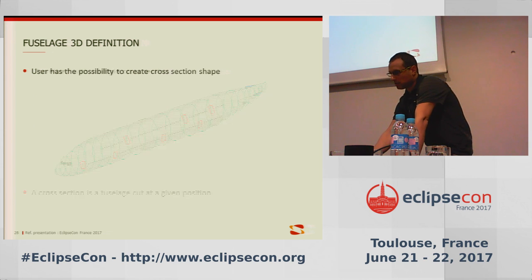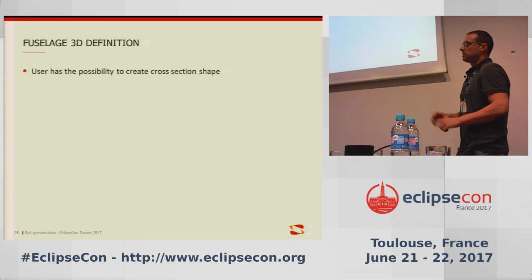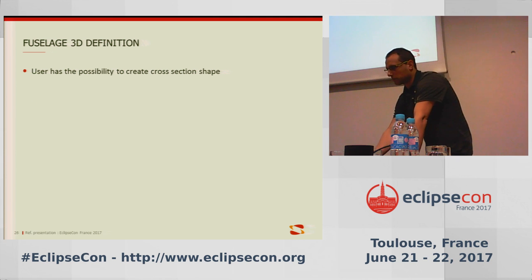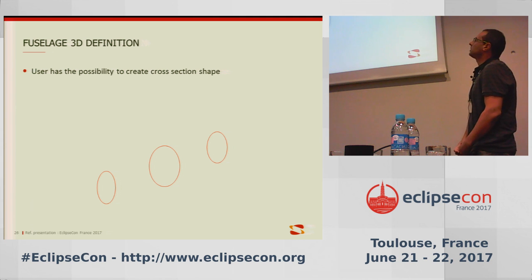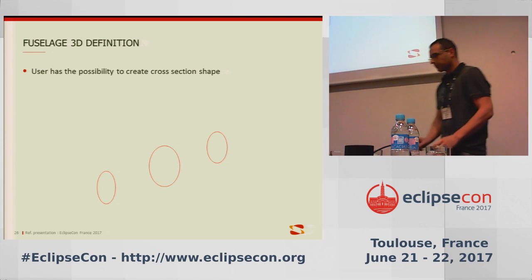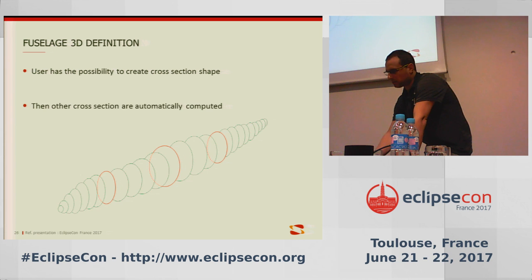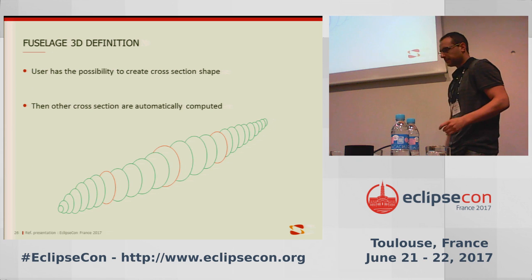So the user, to define the global geometry, has the possibility to create their own cross-sections that will drive the entire geometry. So in the example I will show, the user will create 3 elliptical cross-sections, and then the software computes automatically the other cross-sections, and we will see how it computes these cross-sections after.